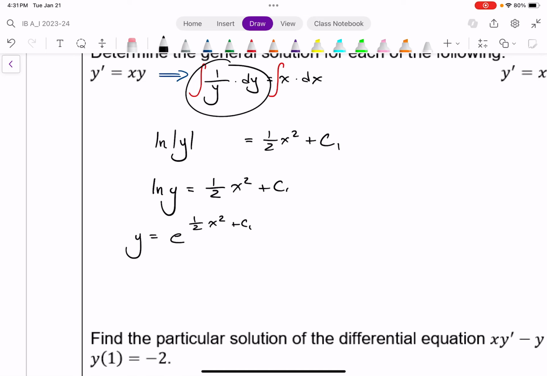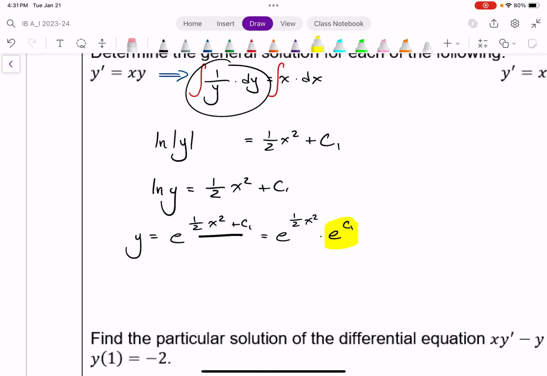That said, if I look at my power here, and we're going to see this a lot, I have 1/2 x squared plus some number. Thinking about our exponent laws, that's the same as e to the 1/2 x squared times e to that constant. And again, c1 is just some number. And so e to the power of c1 is just some constant. It sure looks like a g right now. But that's some constant.